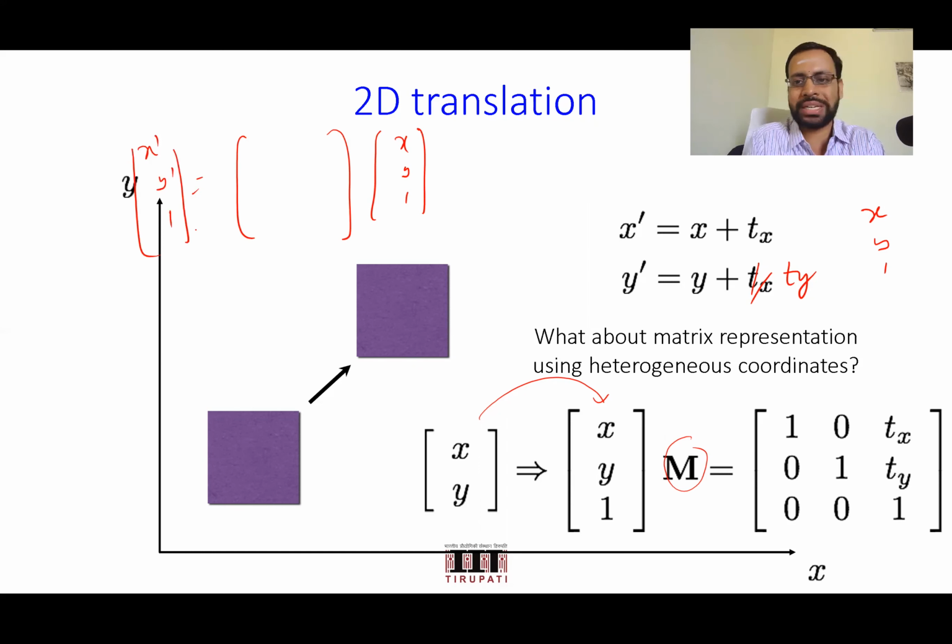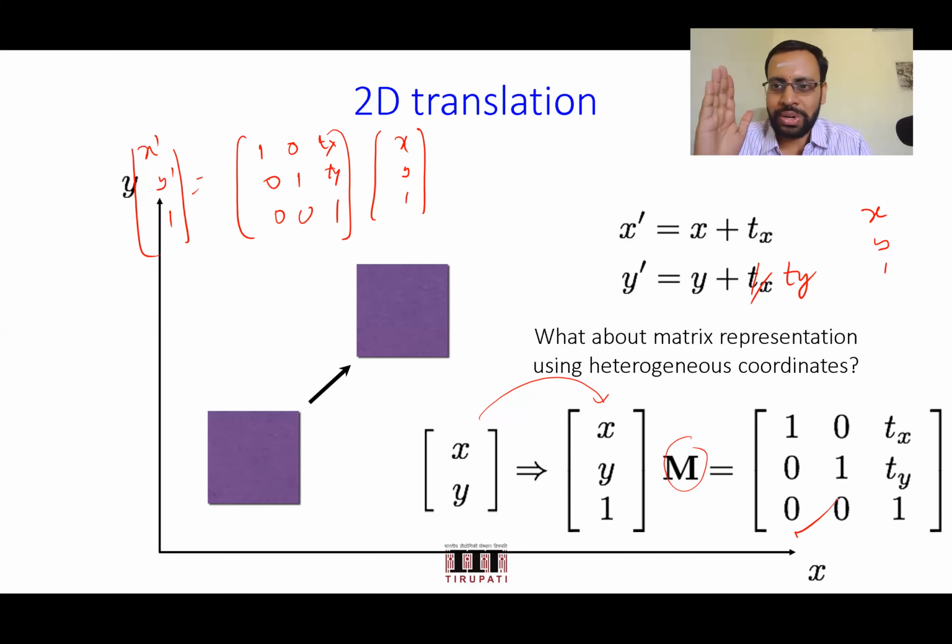You already told this answer anyway. So I should get x for x, there is no y here, so 0, then I should get tx, so that's tx. Then y prime equal to y means the second element is 1, plus ty, so this is ty, nothing to do with x, and for the last row I should get 0 0 1. That's how I am getting this.